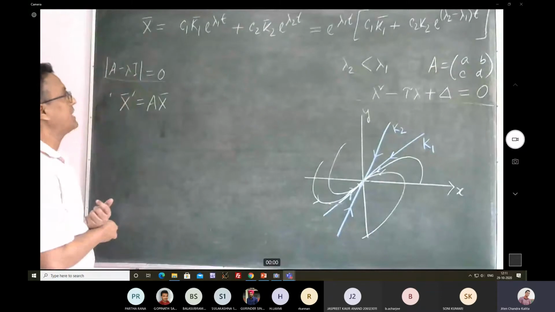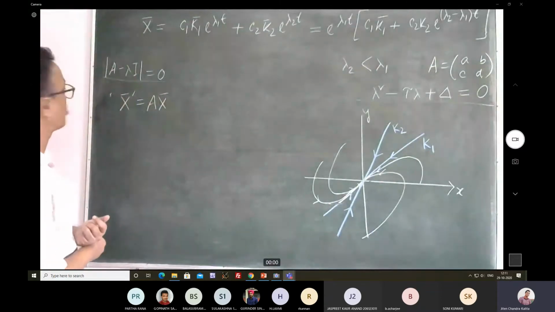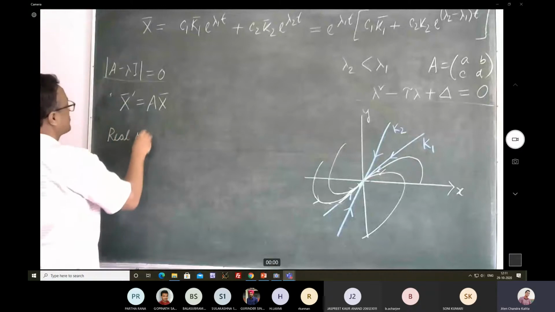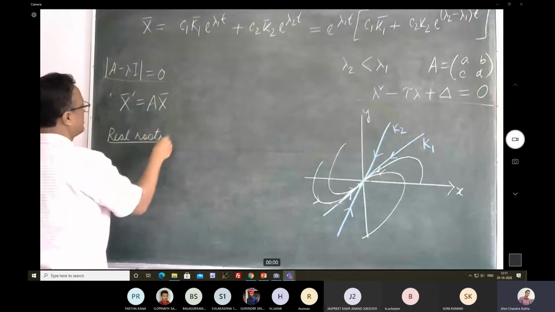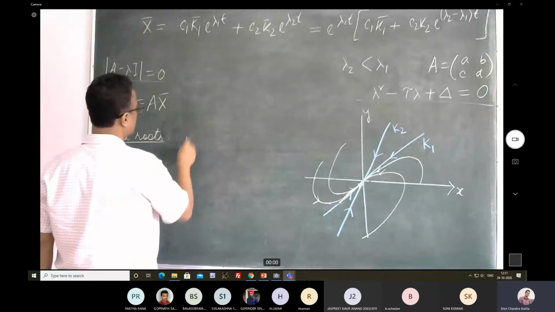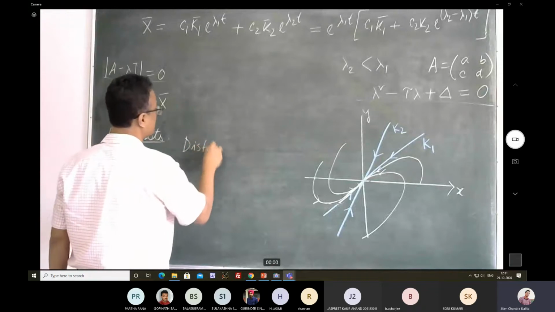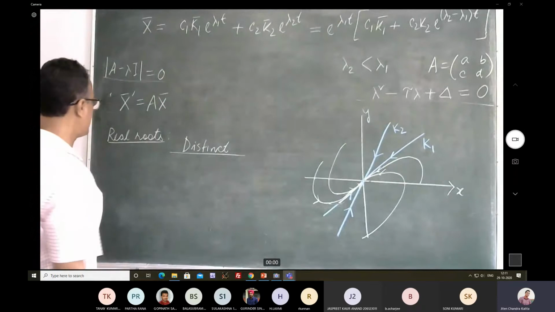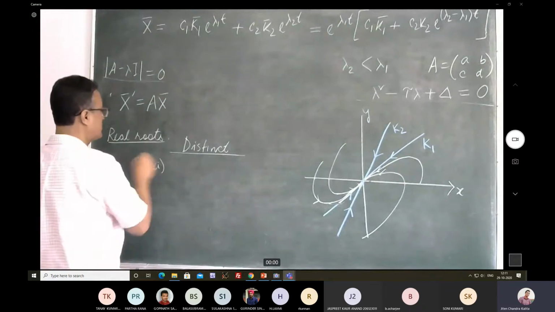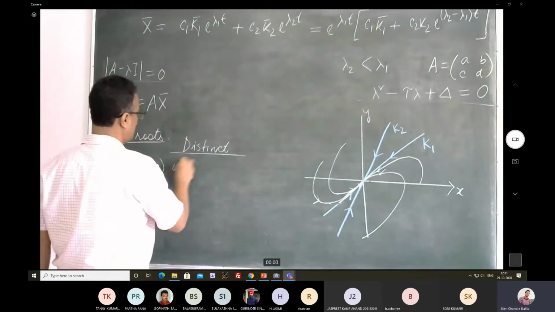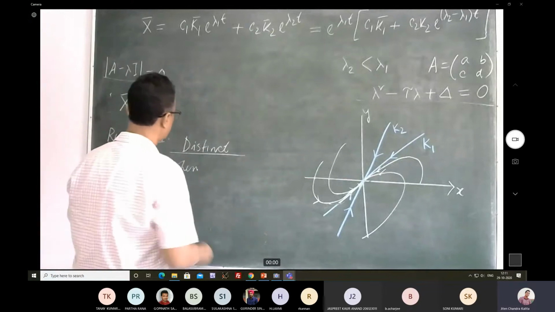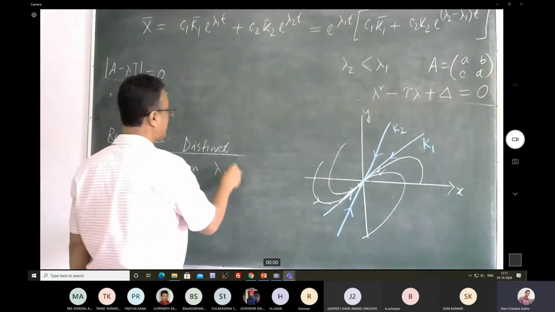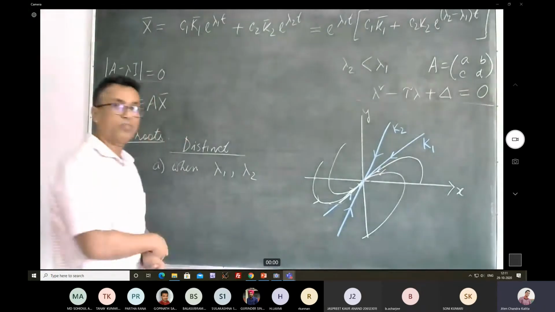Okay. And then yesterday I told you about the very first case, when we were considering real roots, firstly distinct real roots. The first case we were considering is when both the characteristic roots, or both the eigenvalues lambda 1 and lambda 2, are negative, right?